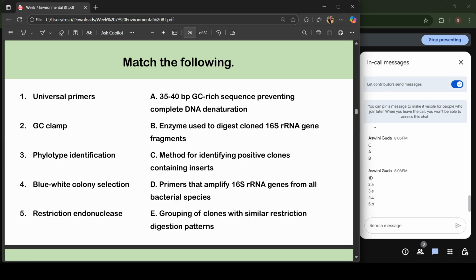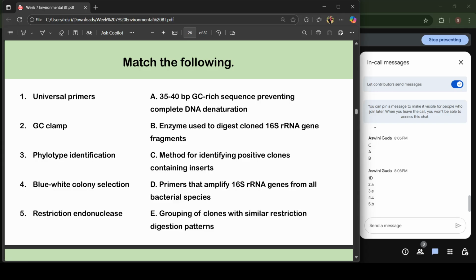In case of GC clamp, it is ideally 30 to 40 base pairs long, and as the name suggests, it is a guanine cytosine rich sequence because there is a triple bond between G and C. It prevents the complete DNA denaturation, whereas the part before the clamp has to be denatured for us to identify it using the DGGE.